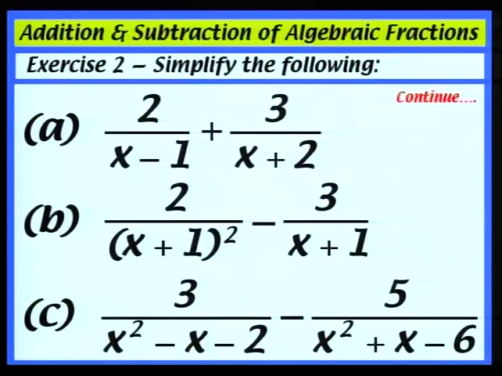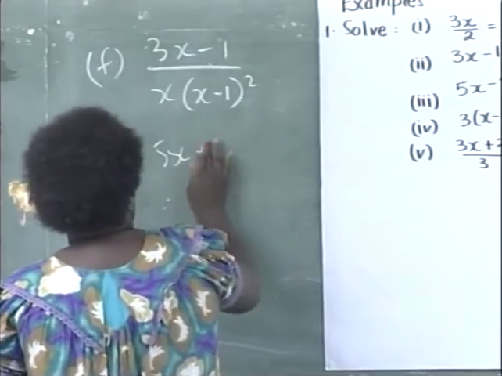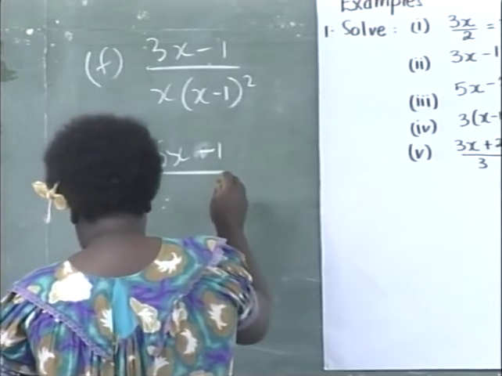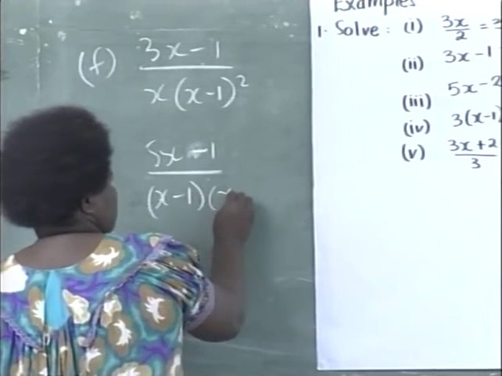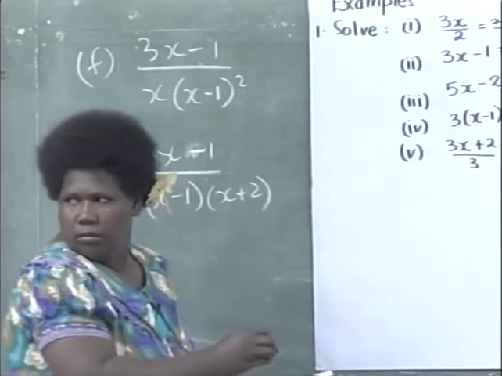Velma. 5x minus 1 over x minus 1 times x plus 1. All right, she's got 5x minus 1 over x minus 1 times x plus 2.